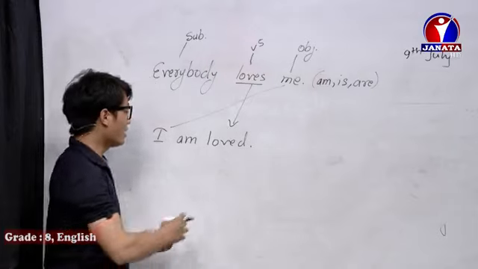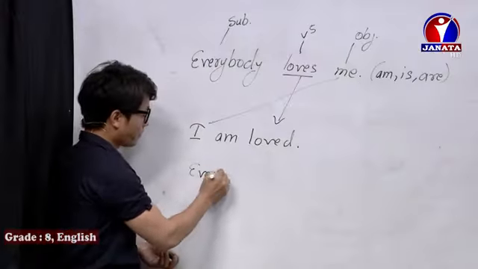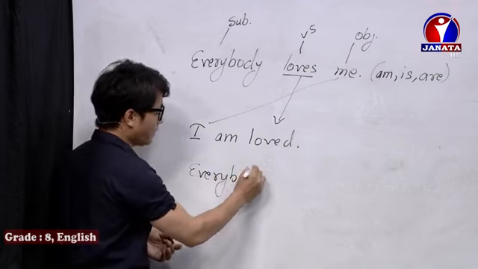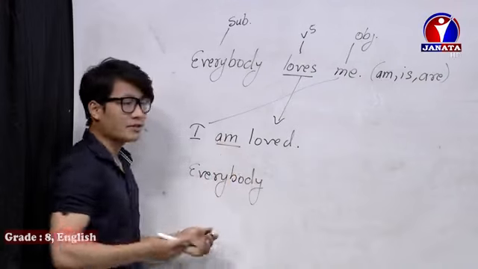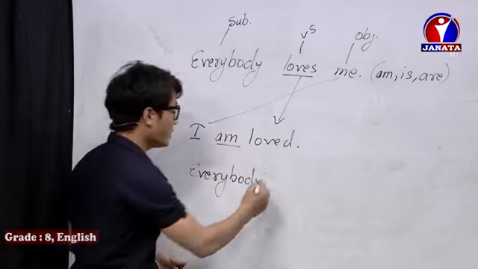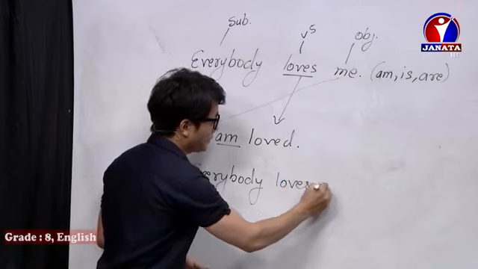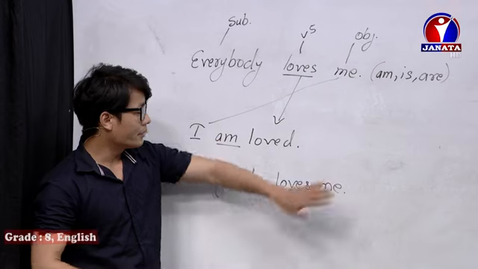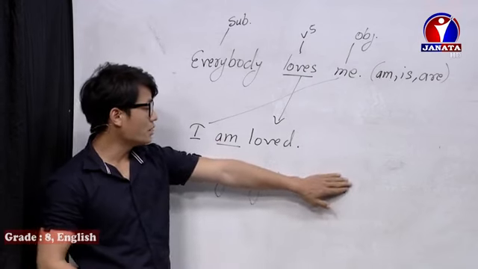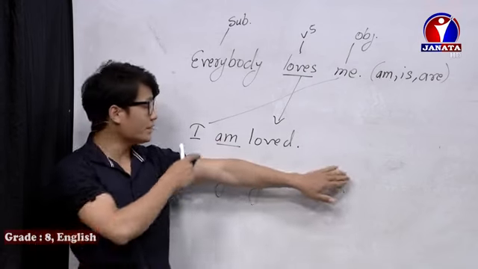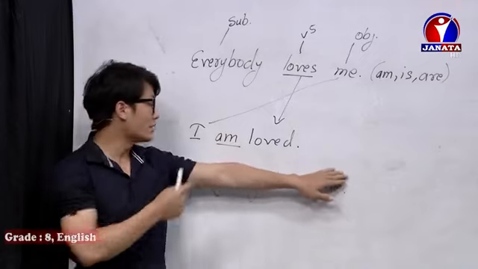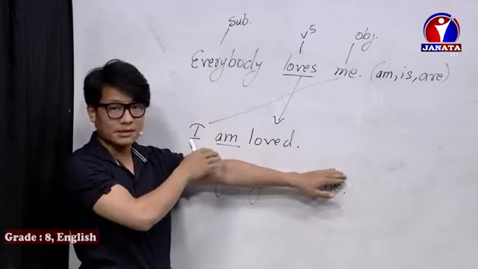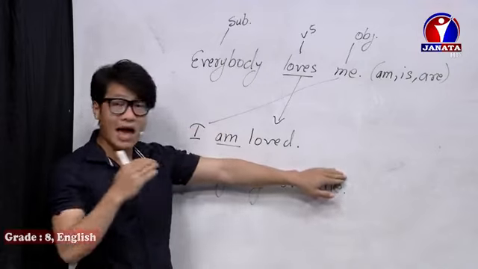So you can write everyone or everybody. Everybody, and this is "am", which obviously means simple present. So you need to write: Everybody loves me. This is for when you are asked in the examination to change this sentence into active voice.